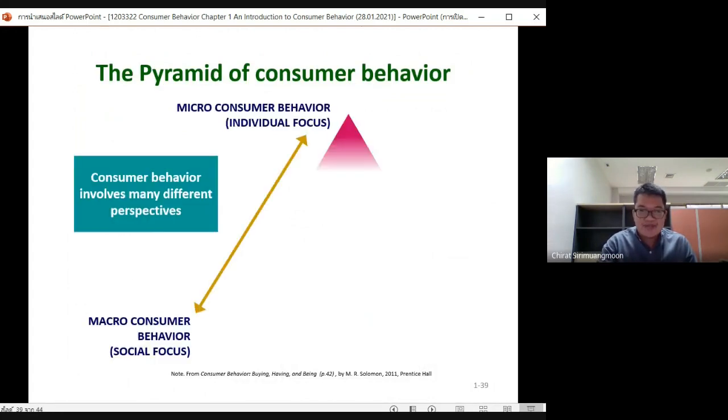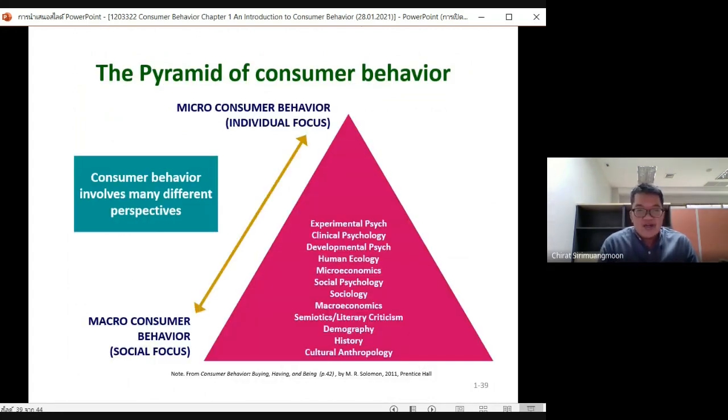Then we need to talk about the specialists who are going to do consumer behavior. We can have a person who focuses only on individuals, the small unit. So we call it micro consumer behavior.